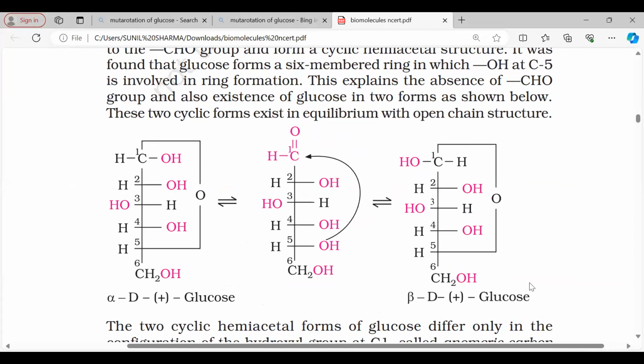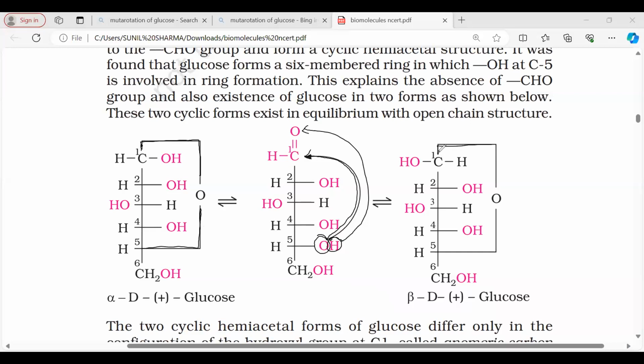In the center you have the straight chain structure, and you can see the oxygen of the fifth carbon is attaching to the first carbon, and this hydrogen goes here. So on the left side you find that the first carbon and the fifth carbon are joined to each other.